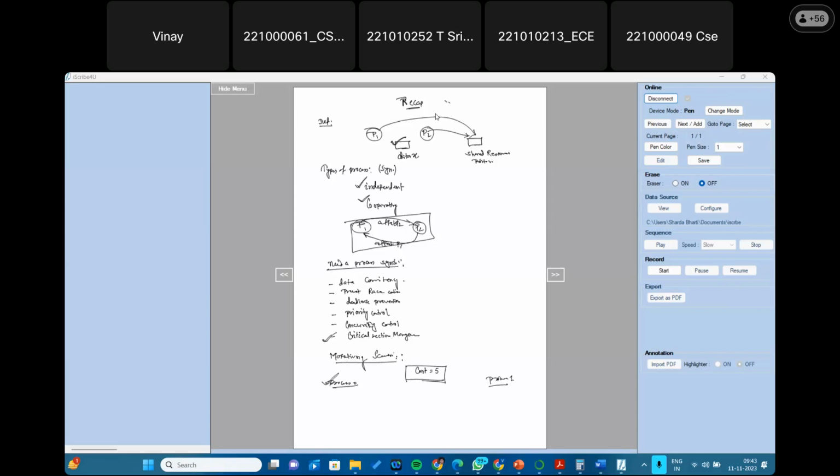Process 0 increases the count value by 1 and process 1 decreases the count value by 1.